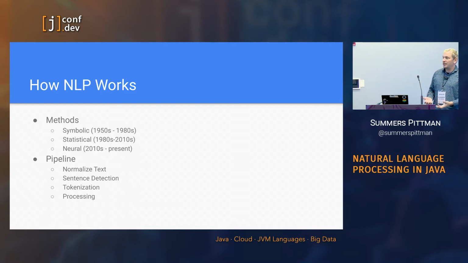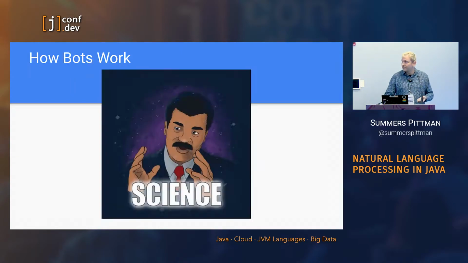And then finally, you want to get into tokenization, where the computer looks at the individual words and the punctuation marks and things like that. And finally, we get to processing, and that's where you try to extract value back out of whatever process you are doing. So how does NLP work? Science. It is math. It is not easy because there's a lot of it, but it's understandable and it's something that humans can do.